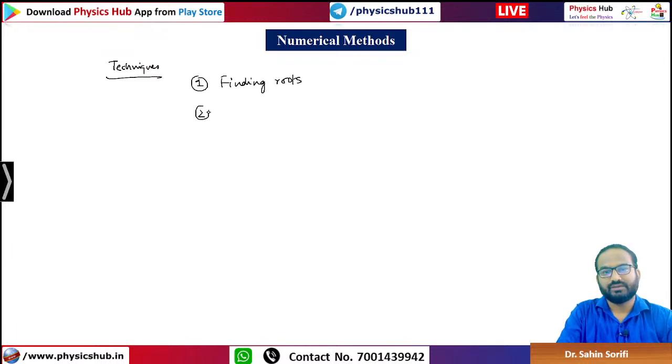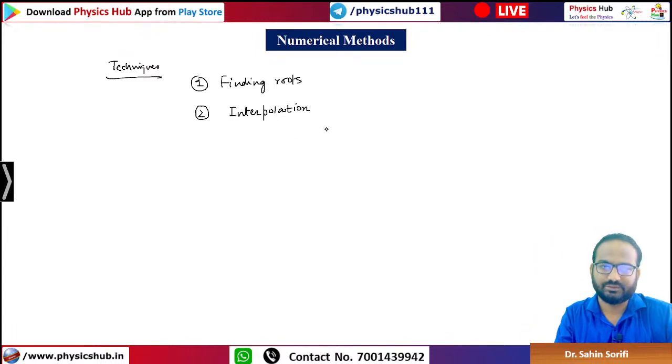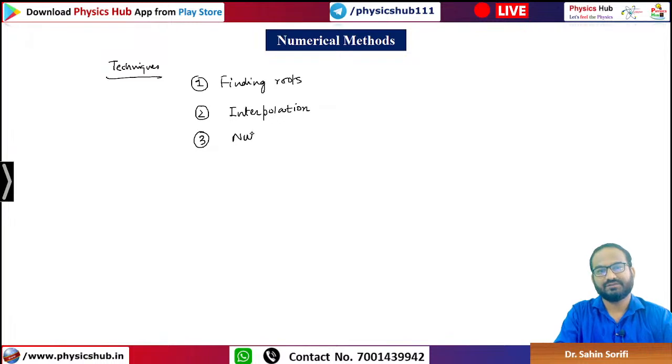Second kind of techniques includes interpolation. In interpolation, we have Newton's forward interpolation formula, Newton's backward interpolation formula, and Lagrange's interpolation. Third, we have numerical integration.